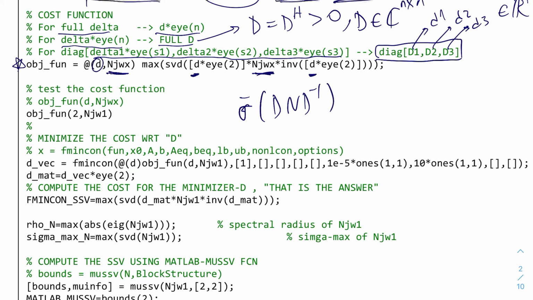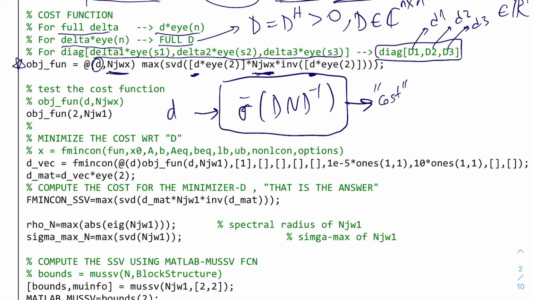Just give me some D and I will give you the result. What was the problem? The problem is the infimum over D in the D set, minimizing this term.